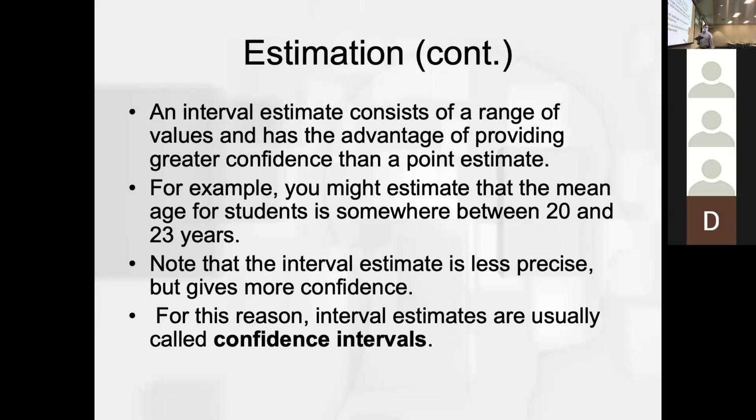So let's think about the average age estimation of students at UAH. I could have a 95% confidence interval that says it's probably between 20 and 23. That's a pretty darn good guess. But let's say I wanted a 99% confidence interval. Okay, well, 99% confidence, it's almost certainly between 18 and 25.